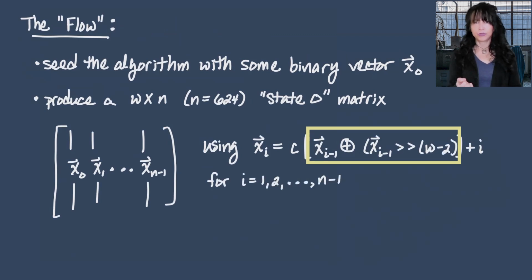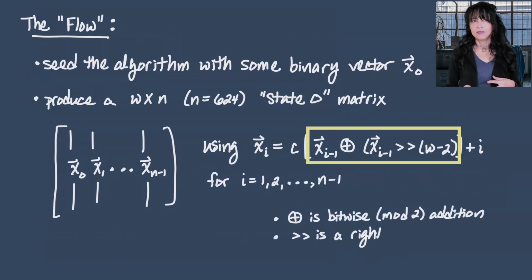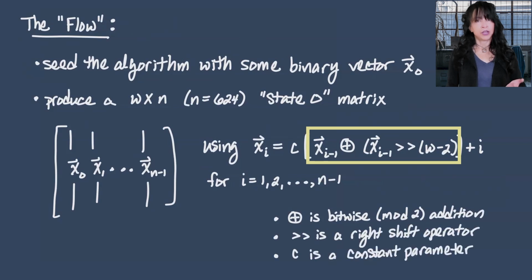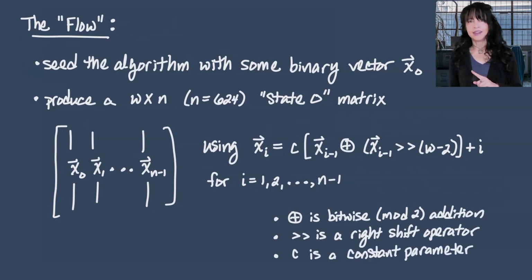This plus sign with a circle around it is known as bitwise or mod 2 addition. So you're adding ones and zeros, and if you ever get 2, then mod 2, that goes back to 0. In the end, you multiply by a constant c and you add an i, and everything stays mod 2 so that your result is zeros and ones, and that is how you get the next vector as you recurse across the vectors of this initial seed matrix.